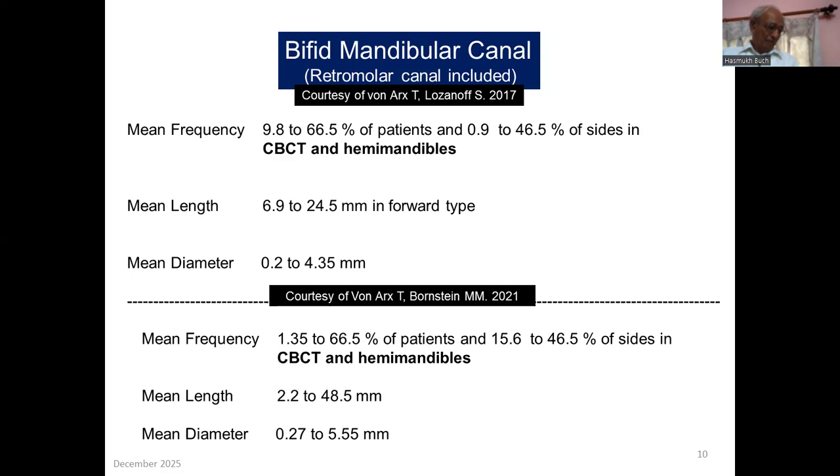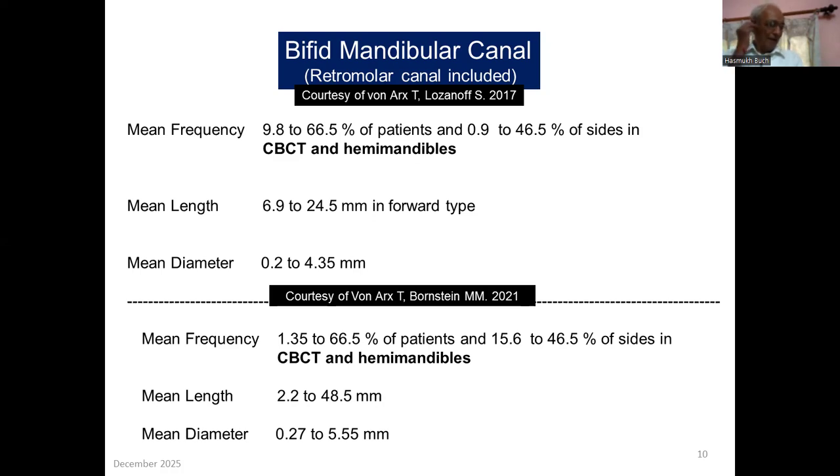And then from another study by von Arx along with Bornstein, 2021. This is the latest and quite comprehensive. I would like to recommend this to those who are interested in more details. Mean frequency 1.35 to 66.5% of patients and 15.6 to 46.5% of sides in CBCT and hemimandible.